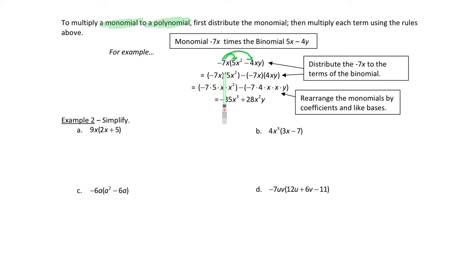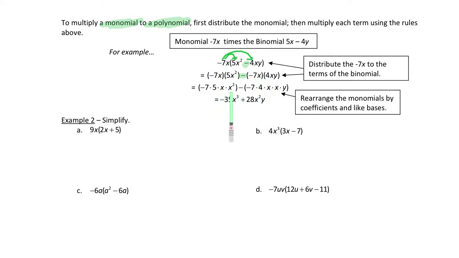We've got that 7x times the 5x squared, and now here we've got that 7x times that 4xy. Be really careful, since this was a minus, it follows down here. So this minus is this here, so this becomes this one here. The negative came from the 7, so this was the negative 7x in the first place.